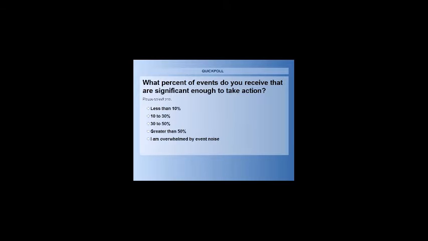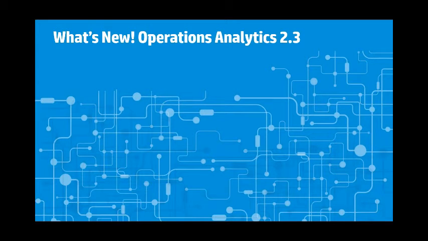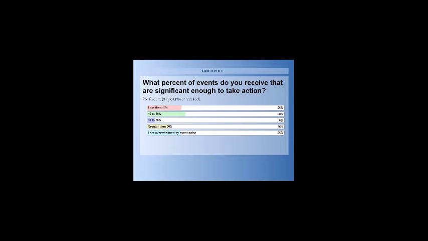Okay. Here's our results. Interesting. So what percentage of events do you receive that are significant enough to take action? We have 28% is first place at 10 to 30%.